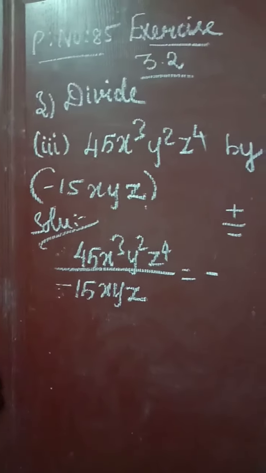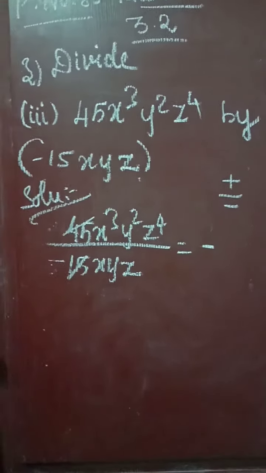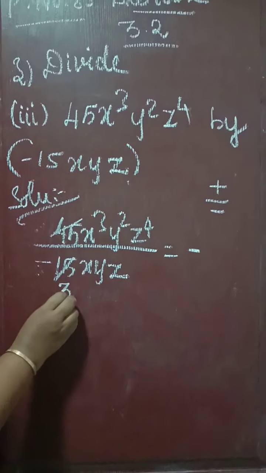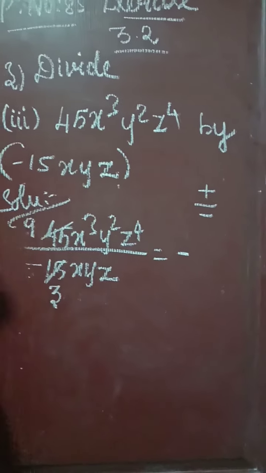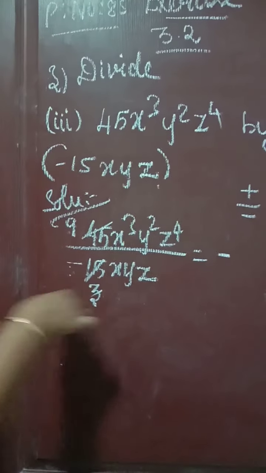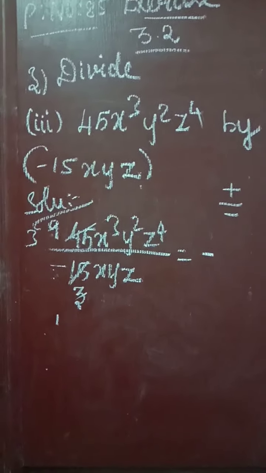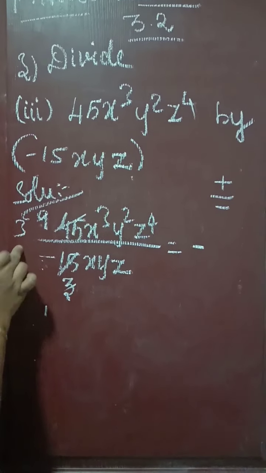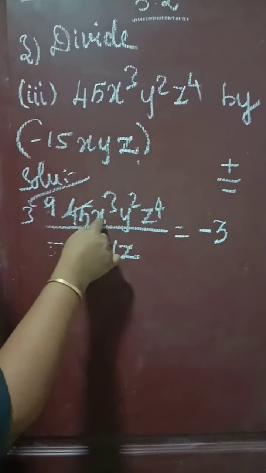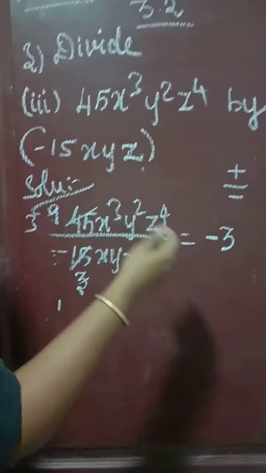If you don't know the 15th table, you cancel by 5. How many 5s in 15? 3. Here 5 9s are 45. So 9 divided by 3, again we cancel, 3 1s are 3, 3 3s are 9. So this one is 3, so minus 3. Listen, here x cube, here x. x cube divided by x.